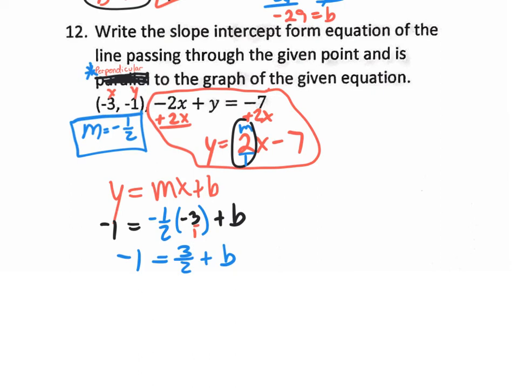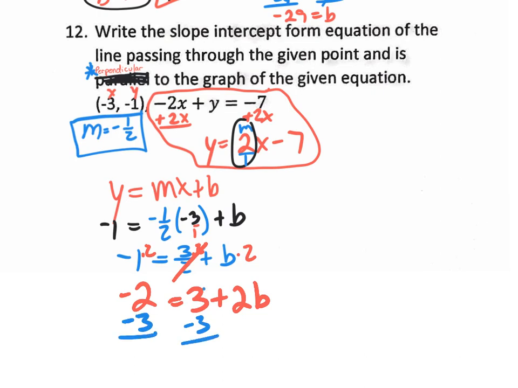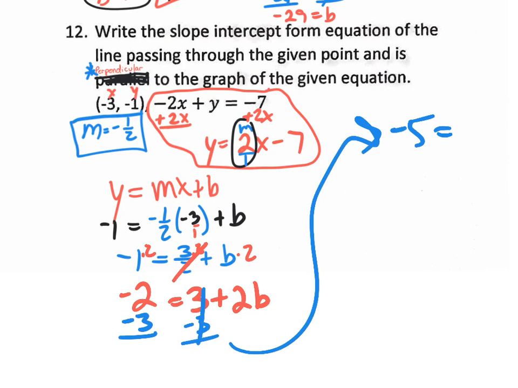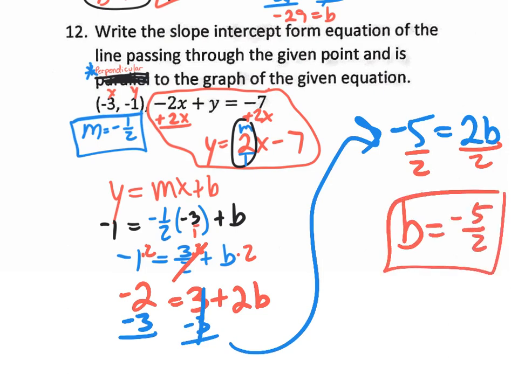But if it confuses you, you could multiply everything by the denominator of the fraction, which is 2. So go times 2, times 2, times 2. You'll get negative 2 equals 3 plus 2b. And then you could subtract 3. You'll have negative 5 equals 2b. So for your final step, you divide by 2. b equals negative 5/2, or negative 2.5.